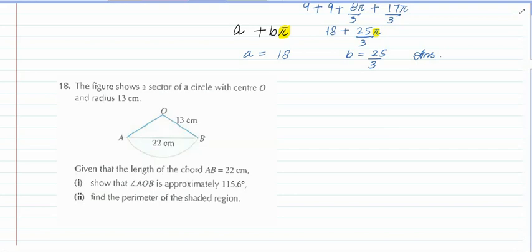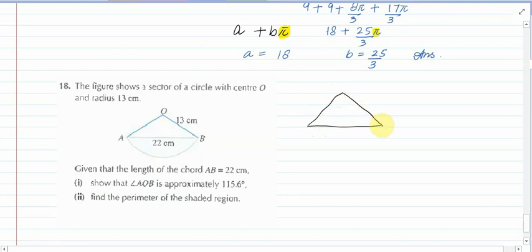For that purpose, I need to make a triangle OAB. The radius is 13, that means this length is 13 and this one is also 13, and the length AB is 22, and you need to find the angle O.